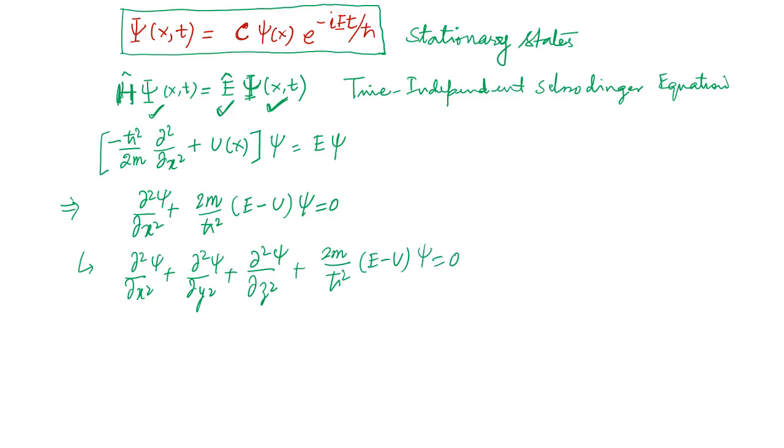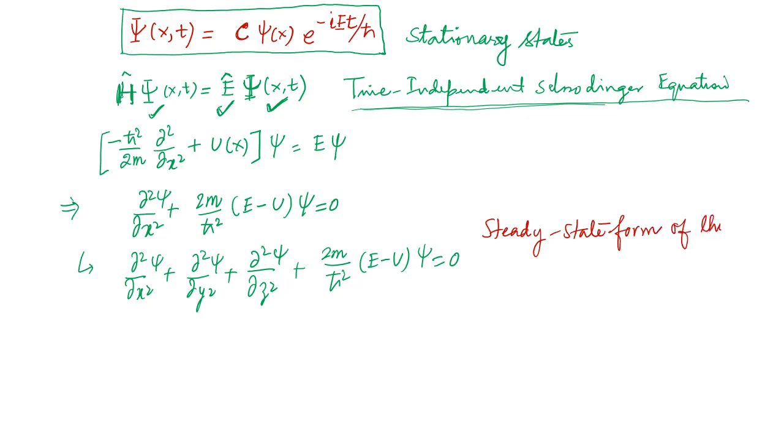So this is the time independent Schrodinger equation, also known as the steady state form of the Schrodinger equation.